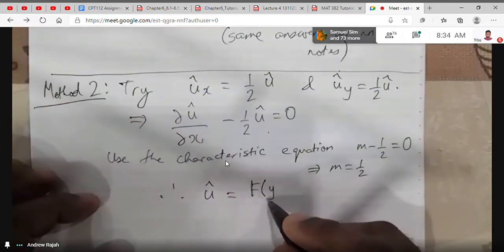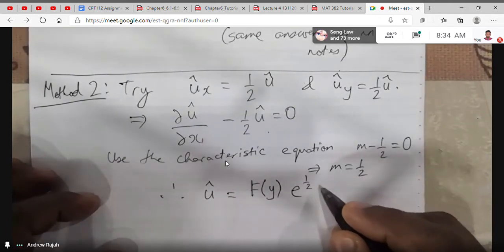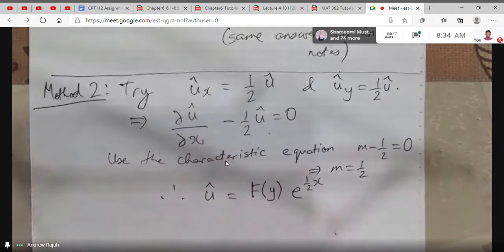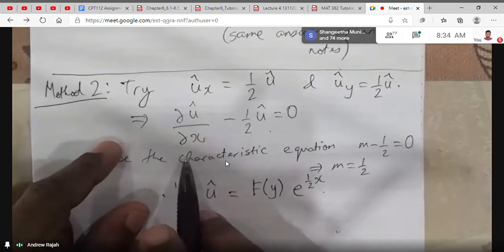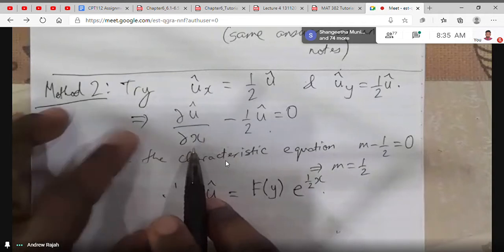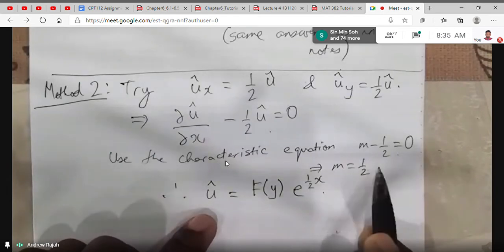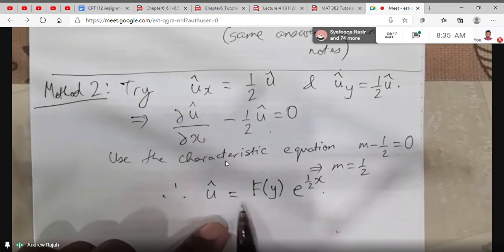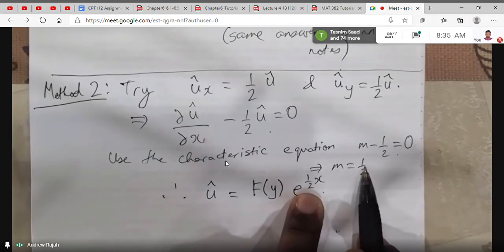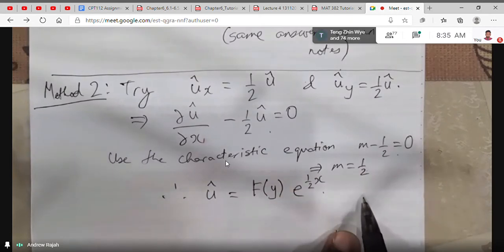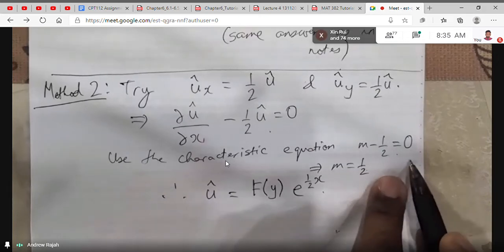Arbitrary function times by e to the power of x. Okay, you know, usually when you solve linear or ordinary differential equation, after you find the characteristic equation and characteristic roots, you just write C1 times e to the power of m1x plus C2 e to the power of m2x if there are more.